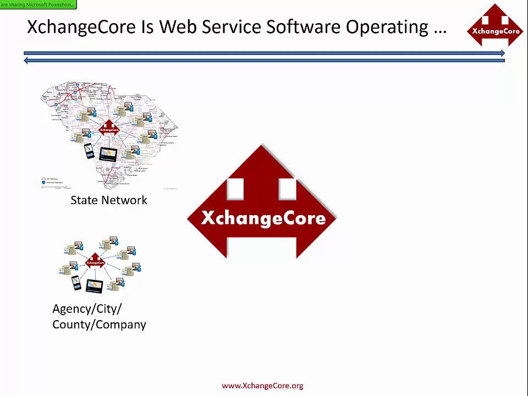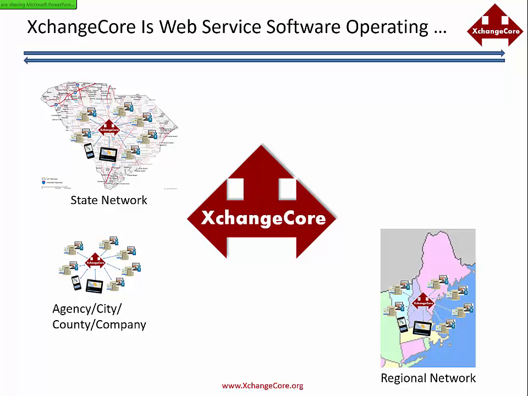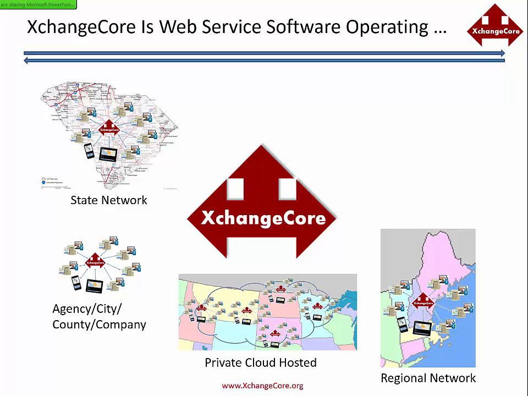It can also be an entire statewide network, and XchangeCore serving the entire state. It can also be a regional network, and I think this is going to be the most popular way that we see things unfold. Regional networks supported by organizations. There are private hosted clouds. A company or an organization can host a cloud implementation for its entire infrastructure.